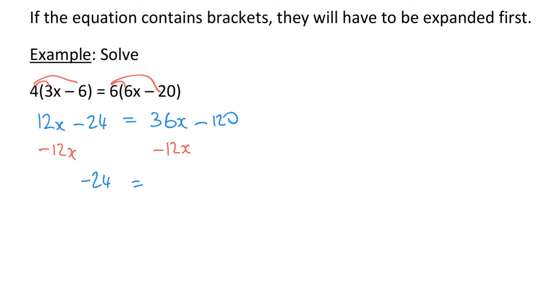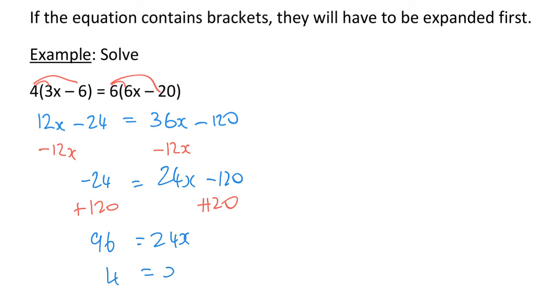On the right, we've 36x, take away 12x is 24x, take away 120. We now want to get rid of the 120, so we'll add 120 to both sides, and we get 96 equals 24x. Divide through by 24, we get 4 equals x, or x equals 4.